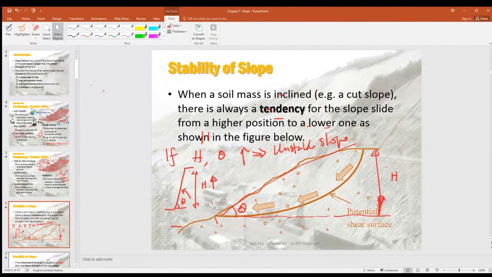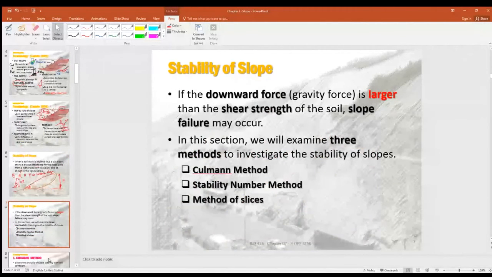So the important parameters for a slope are the h, the height of the slope, and also the theta, right? Greater the theta, greater the h, it will be more unstable. Okay, let's take a break there, right? So we will go back to our tutorial.